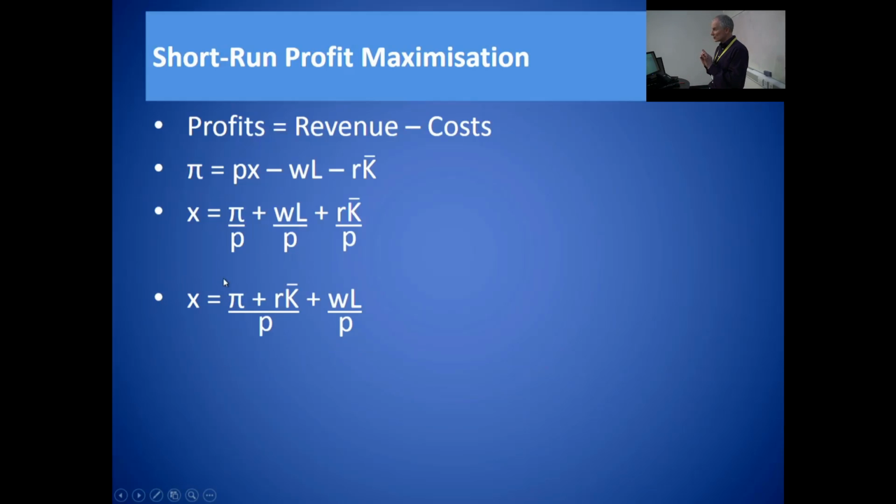And what that is telling us is that there is a relationship between output and labour. X is the output, L is the number of units of labour employed. And that is the relationship we want to find, because that is a very, very specific form that's useful for us.